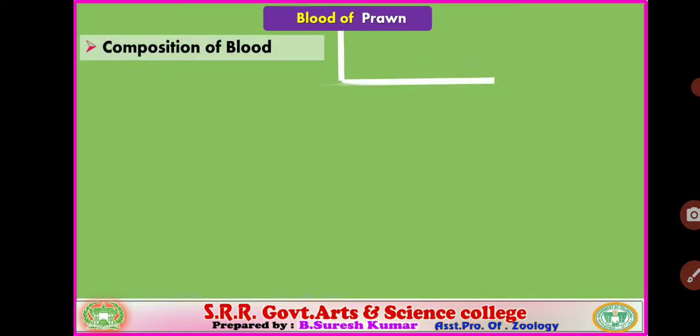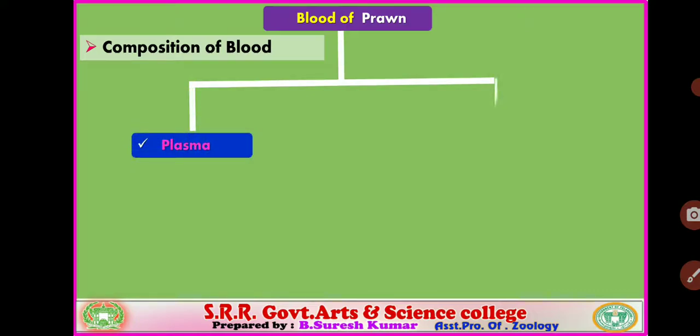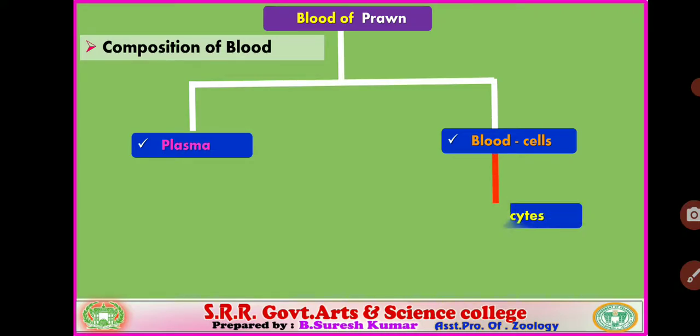Let us see the composition of the blood of the prawn. The blood of the prawn includes mainly two parts: plasma and blood cells. Followed? Right. Next, the blood cells are only one variant.